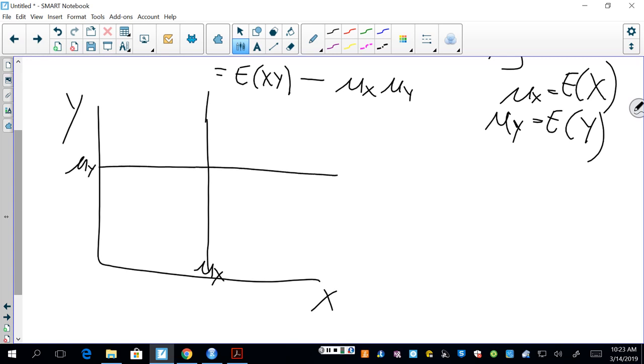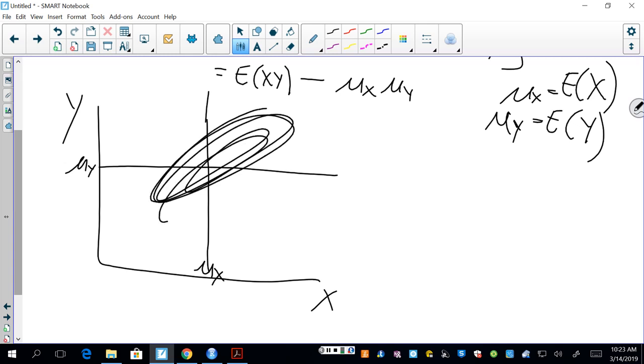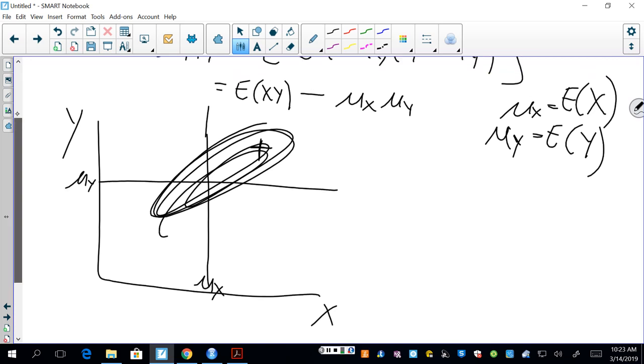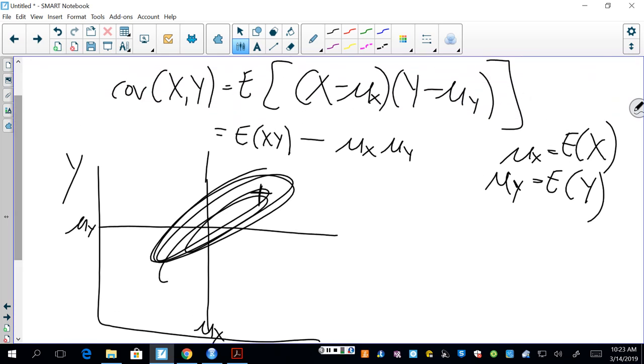If there's more probability up in this area, in that quadrant, then the x values are bigger than the mean, and also the y values are bigger than the mean. So the product of x minus its mean and y minus its mean, for the values up there, are both going to be positive.